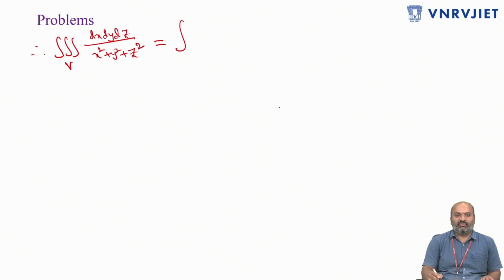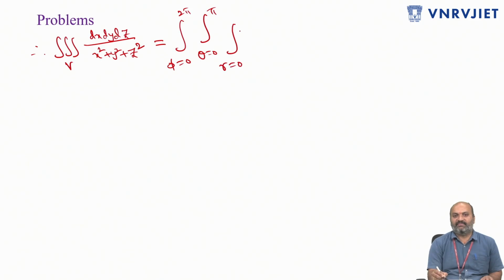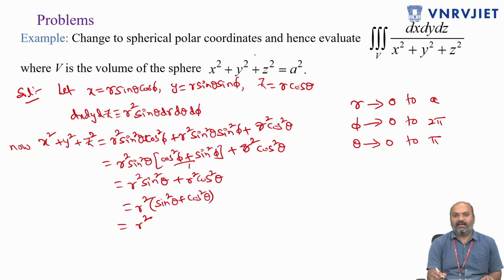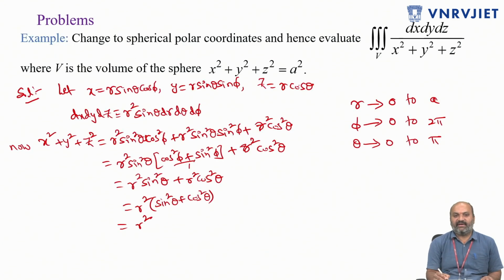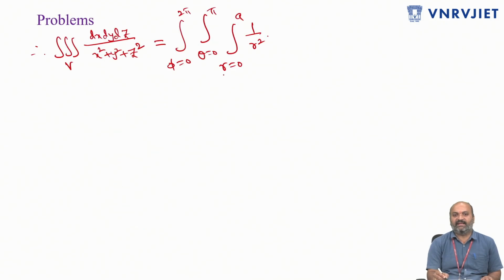Now let's substitute here. φ varies from 0 to 2π, θ varies from 0 to π, and r varies from 0 to a. We got x² + y² + z² as r², so the integrand is 1 by r². And dx dy dz equals r² sin θ dr dθ dφ.